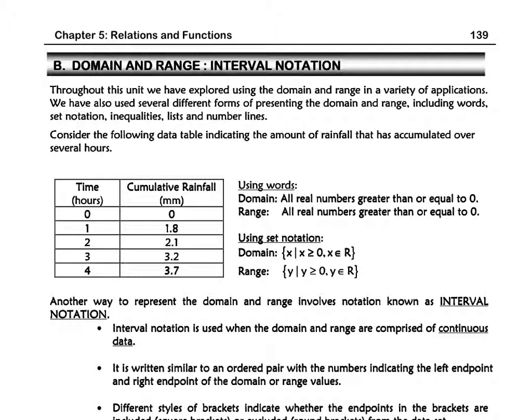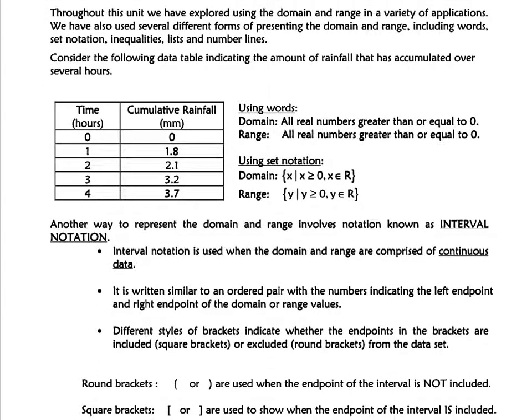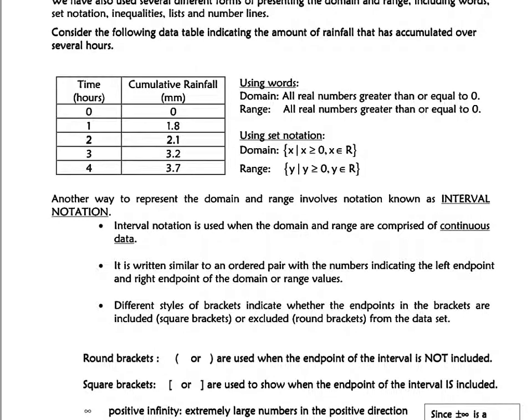It's written using brackets, and it indicates the left endpoint and the right endpoint of the values used in your domain and range. The different styles of brackets indicate whether or not the endpoints are included. Square brackets mean the endpoint is included, round brackets mean the endpoint is not included.